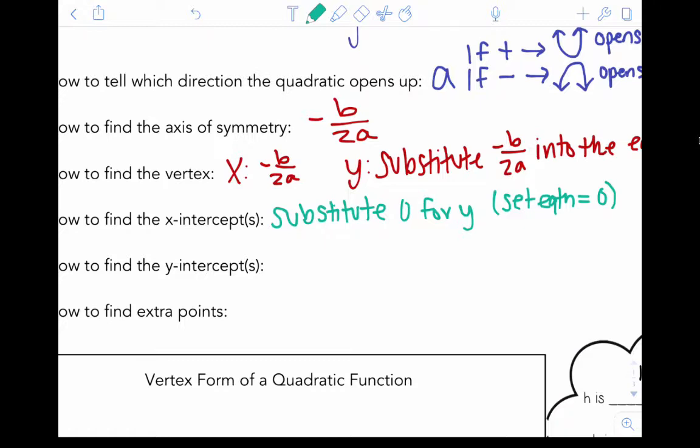When we solve the equation, we either need to factor or use the quadratic formula.